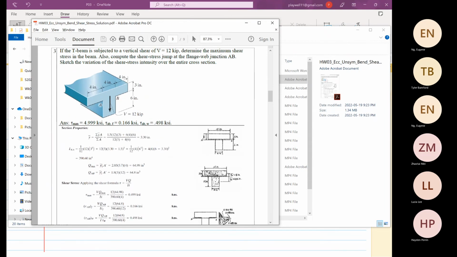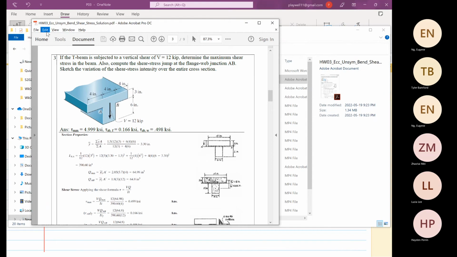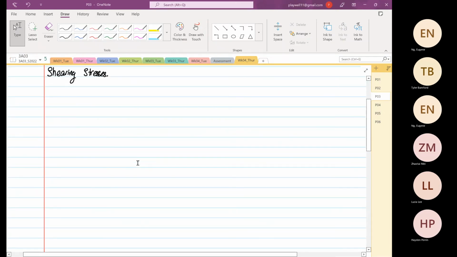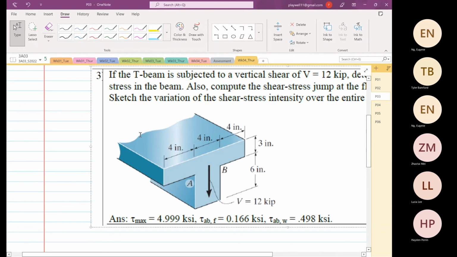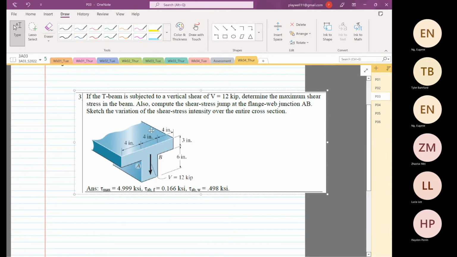And I think I showed you how to form the equation, but I want to show you how to do it again, just to revise.